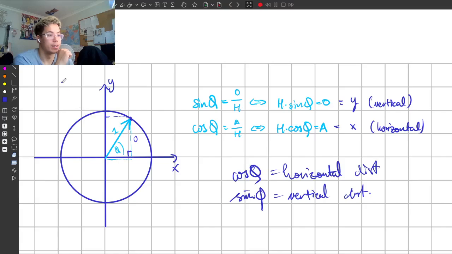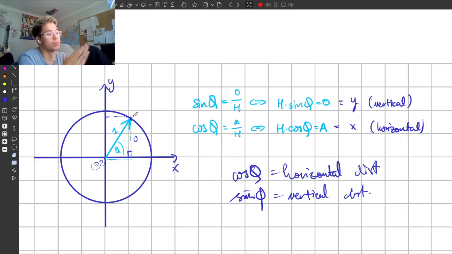So this opposite gives you the vertical component of this point here. And then the cosine, which gives you adjacent, is actually going to be your horizontal distance. So if that's our origin, 0, 0, then this will be our horizontal distance and this will be our vertical distance.